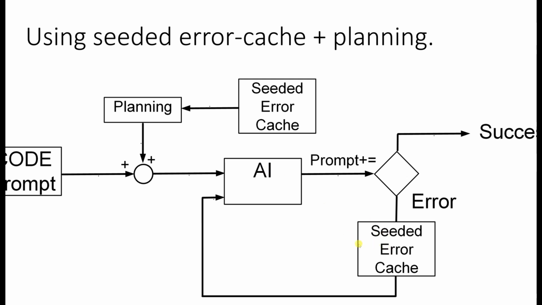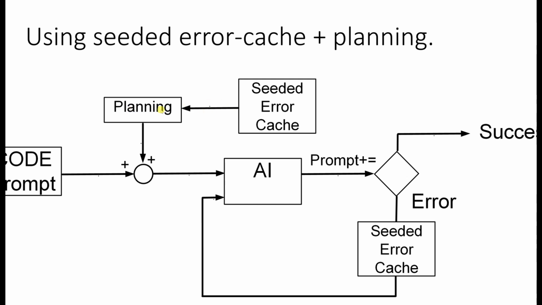The other thing I added, this wasn't my idea, this was Matrix X, ChatGPT's idea, to put planning into it, and to use the seeded error cache which I already had as part of the planning. So before you start a job, you don't just go straight into it, make a mistake and then correct yourself, do you? So you plan it first, you plan it ahead.